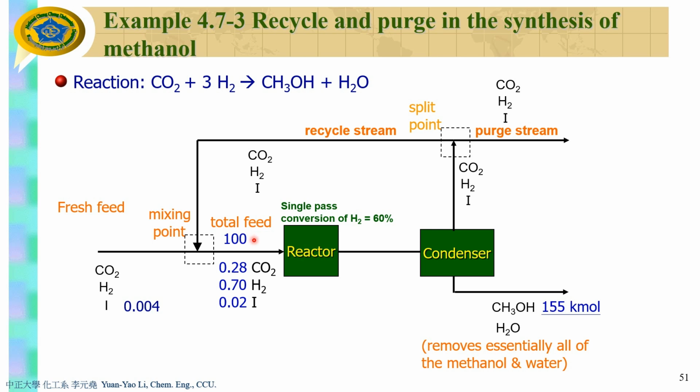Why? I'll tell you why later. Because you have all the ratios here. So if you complete this stream, it might be easier for you to find out the other streams. And once, for example, you get the answer for this methanol, which is about 15.5 kilomoles, that means you need to scale up 10 times for each stream, right?